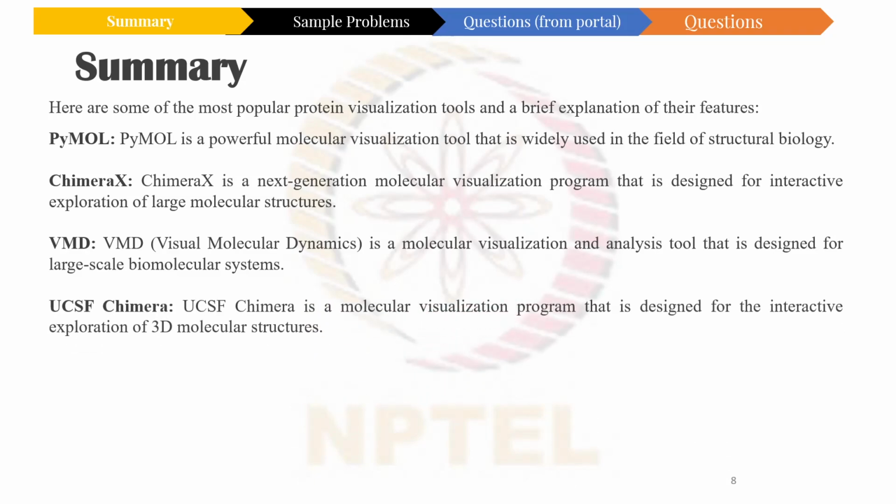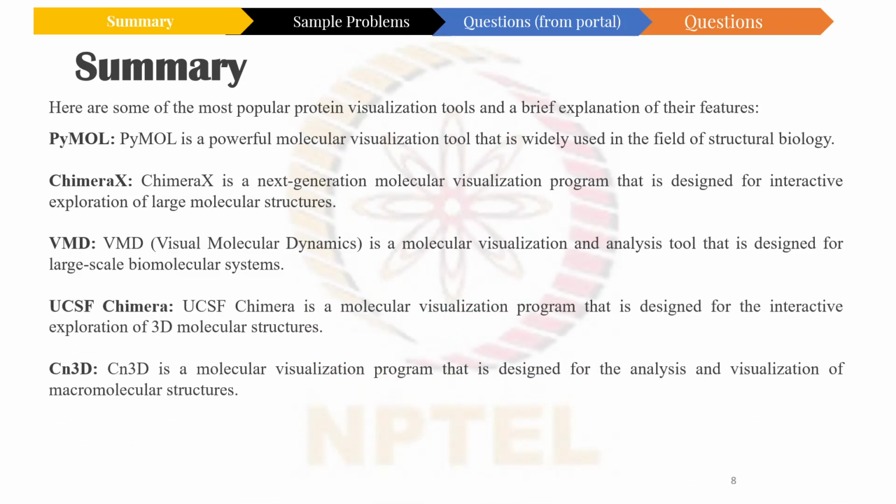Next is the other version of Chimera, CN3D, that is designed for the analysis and visualization of molecular structures. This CN3D includes a wide range of features, including support for sequence alignment, protein folding analysis, and structure-based sequence analysis.